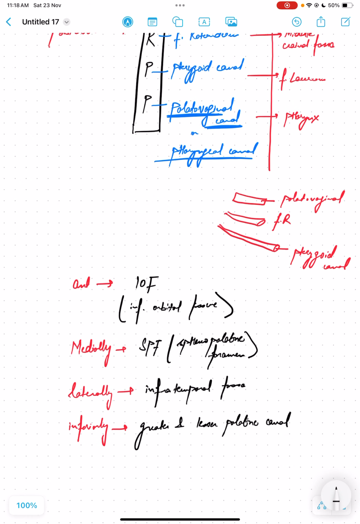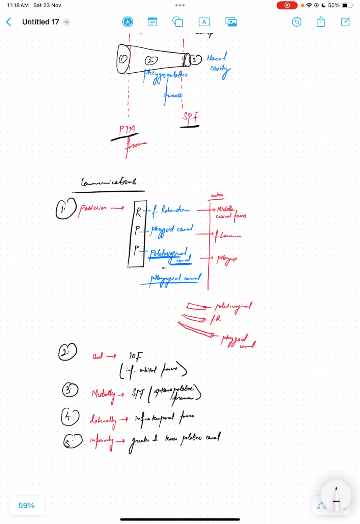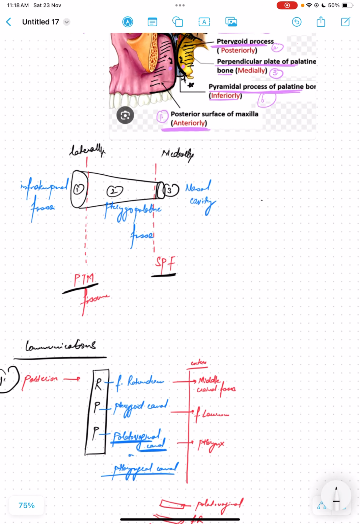So these were the communications that you need to remember. Anterior is the inferior orbital fissure, medial is the sphenopalatine foramen, lateral is the infratemporal fossa, and inferiorly we have the greater and the lesser palatine canals. So these are the five anterior communications that all of you should remember.